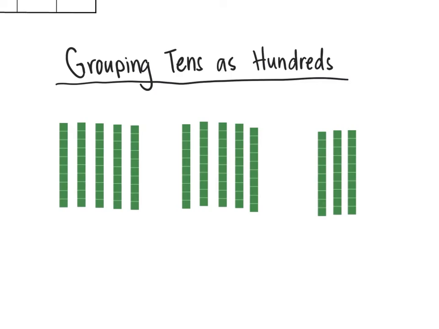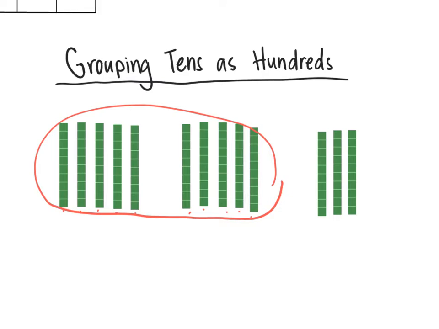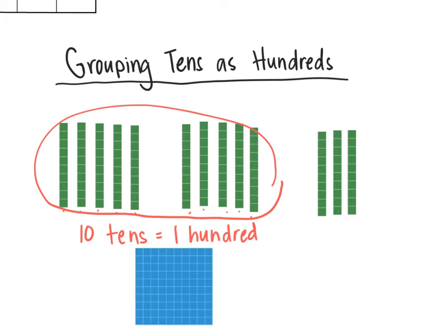One of the first things that we learned in this chapter was grouping tens as hundreds. So counting off 10 blocks and circling it, because we know that 10 tens is the same thing as 100. So those 10 blocks can also be shown like this 100 block.